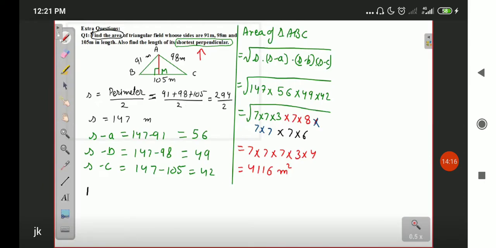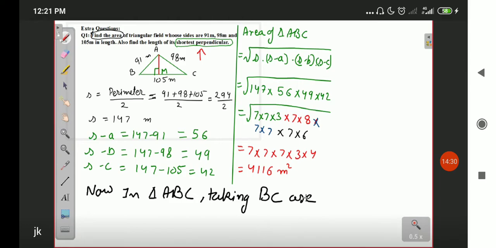Now, in triangle ABC, taking BC as base. Why are we taking BC as base? Because BC is the longest side of this triangle and the shortest perpendicular will appear on the longest side only.